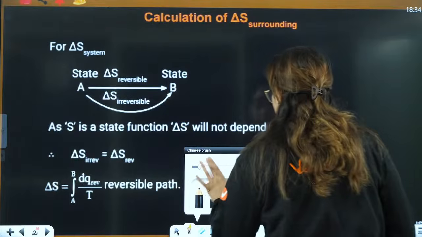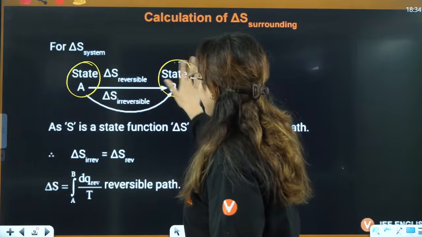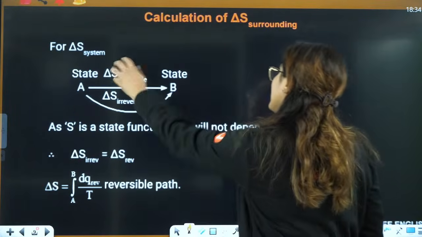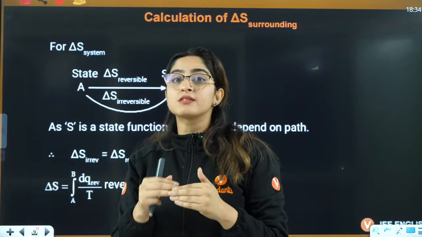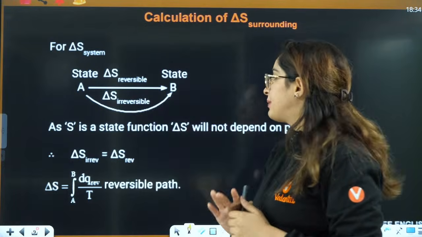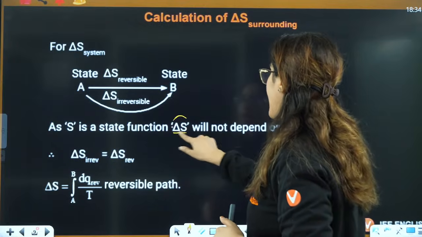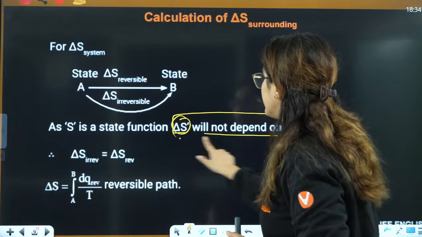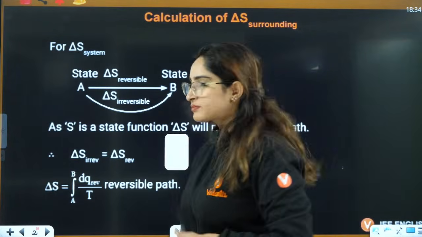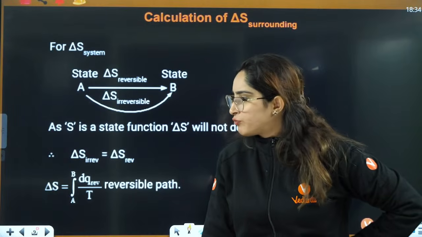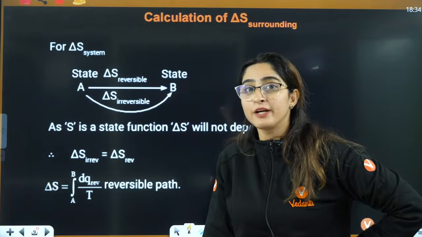Now what if I say for state A to state B, you are going through delta S of reversible or delta S of irreversible, two ways you are going to state B. As S is a state function, delta S will not depend on the path. Such an important thing. Entropy is a state function, and state function means it will not be dependent upon path.